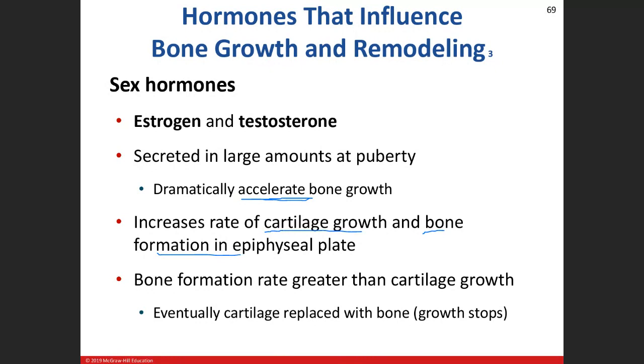So we're double dipping here: we get more bone formation and more cartilage growth. It seems like these hormones love the epiphyseal growth plate, big time. That's what we're going to see a lot of with these hormones, estrogen and testosterone.